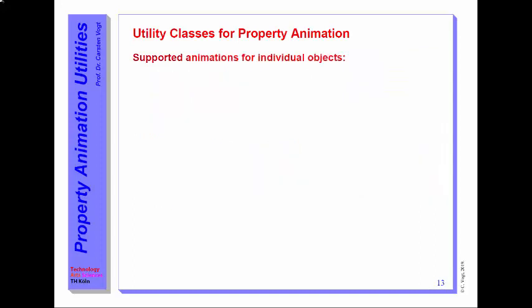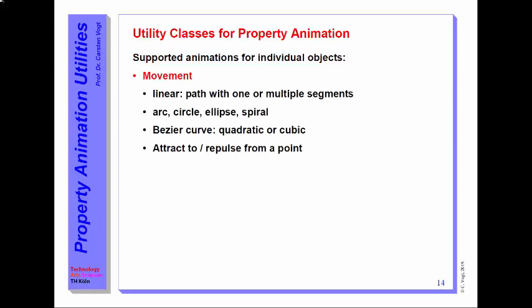The supported animations of individual objects are these. First thing is that we can move objects around on the screen along linear paths with either one or multiple segments. We can move them along arcs, circles, ellipses, spirals.